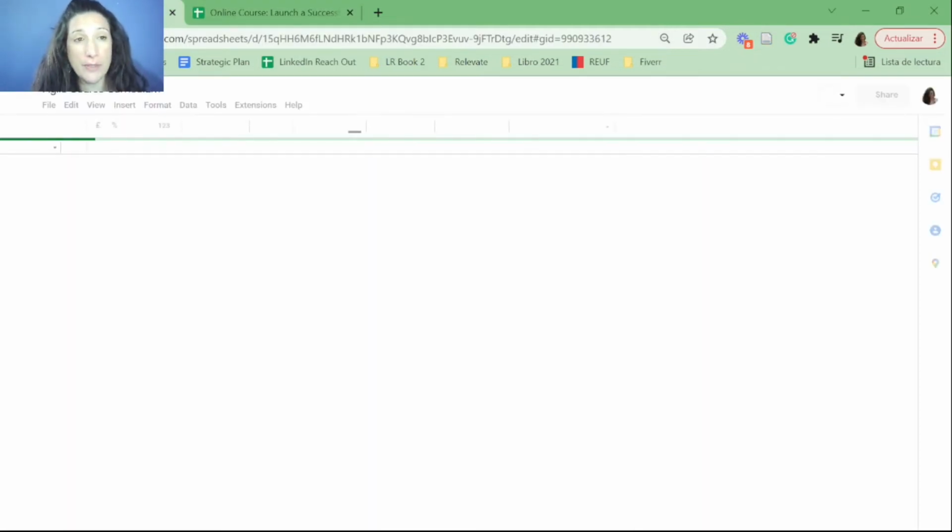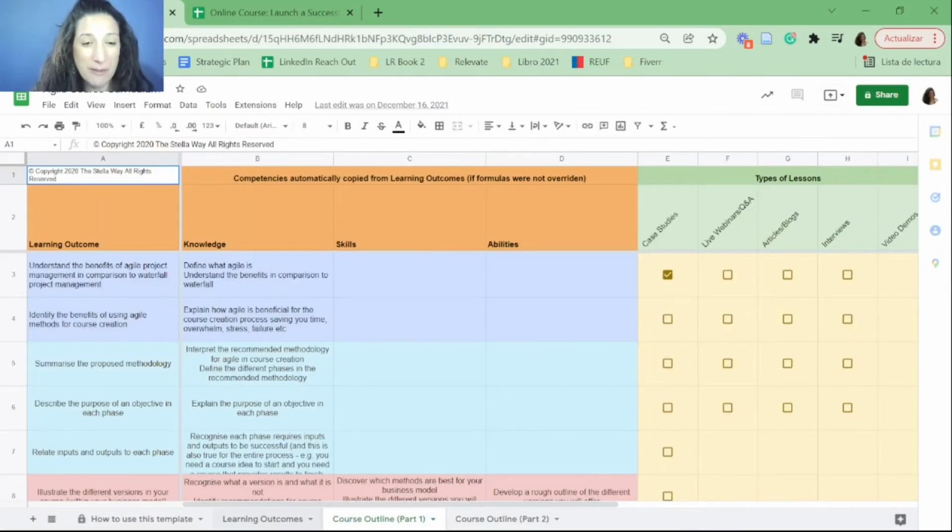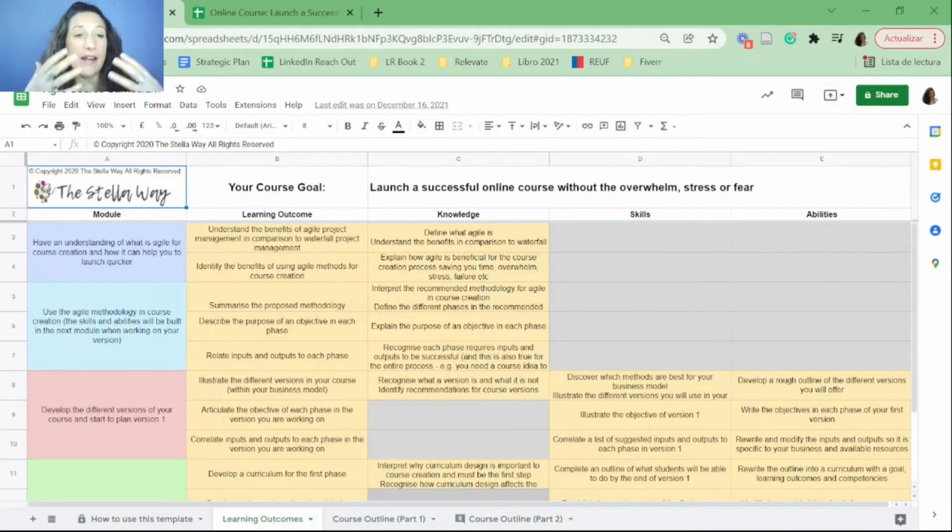I've also done this for other courses as well. For example, I'm doing a course on Agile course creation. In my course curriculum, when I created my learning outcomes, you can also see here that I've created this A to B journey of creating the learning outcomes and the knowledge, skills, and abilities.